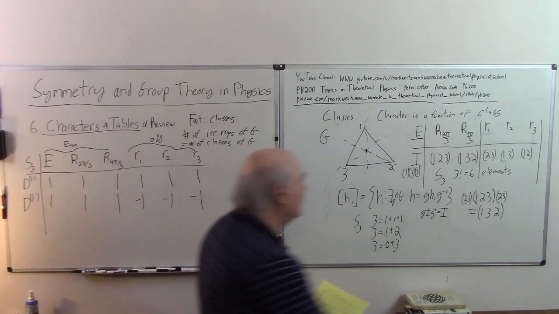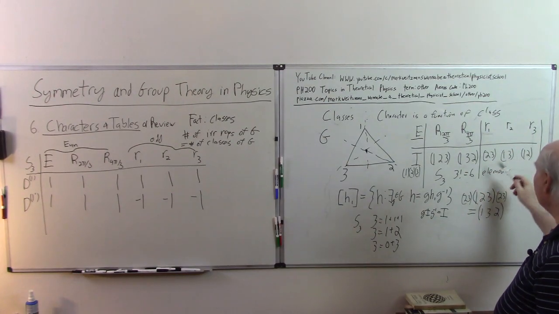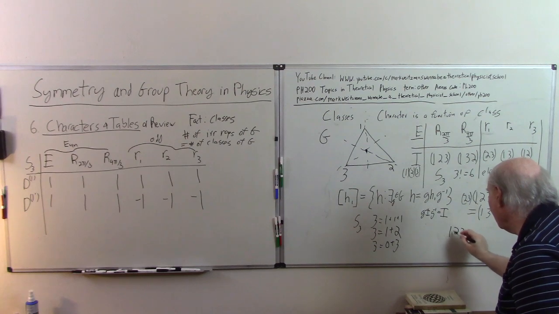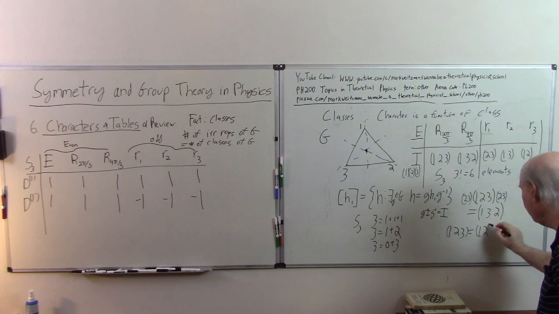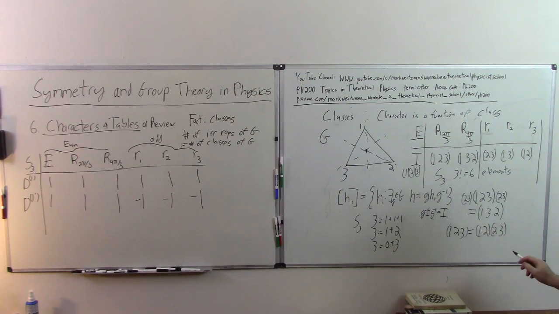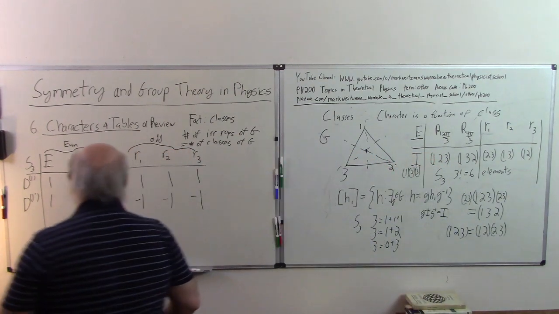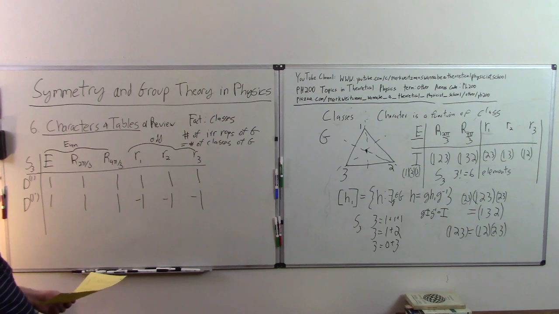So clearly, R1 and R2 and R3 are written as a product of 1 transposition. They're odd. But even the (1 2 3) is equal to (1 2)(2 3). You can work it out and check it. So it's a product of 2 transpositions. So this is an even permutation. So this is the second representation, and I said there's 3 irreducible representations of S3.